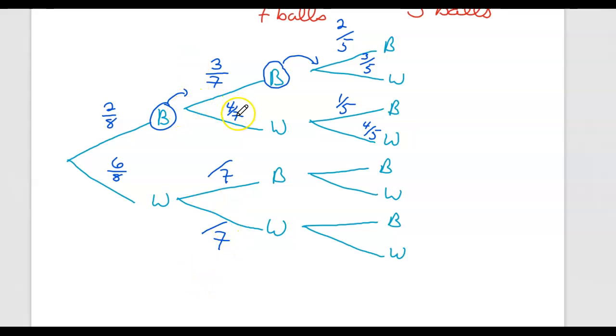So I started out with 4 white balls. So that means now I'm going to have 5 white balls. And I went back to my original 2 black balls. Now over here, I know that I started with 4 balls. So all of these are going to be out of 5.